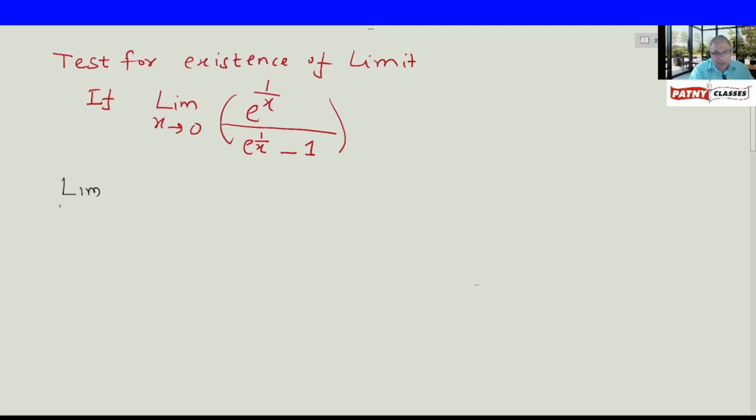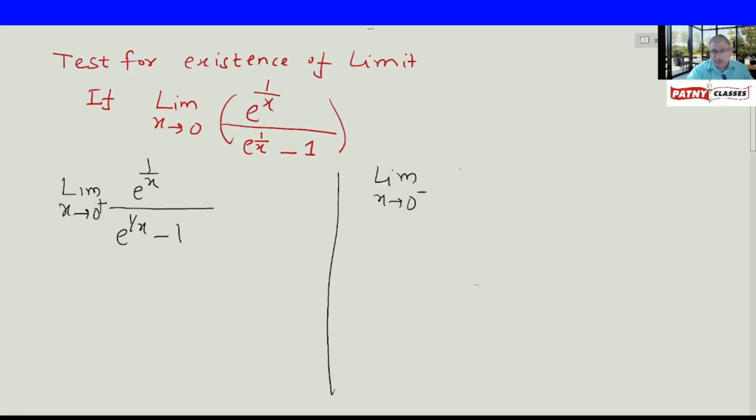One is limit x tending to 0 plus e raised to 1 upon x divided by e raised to 1 upon x minus 1, and the second part of the problem, limit x tending to 0 minus e raised to 1 upon x divided by e raised to 1 upon x minus 1. Now we shall be finding out the right hand limit and left hand limit and see what their results are.